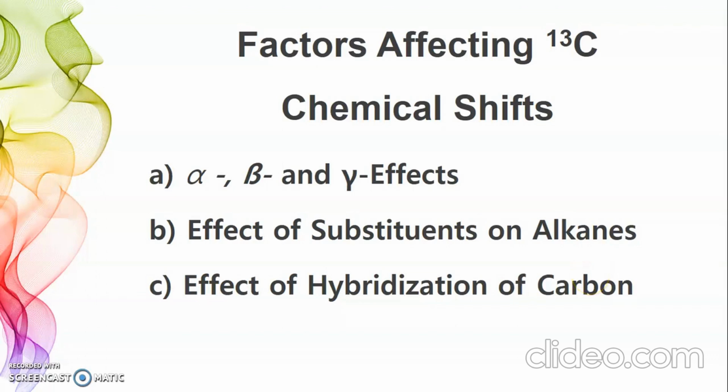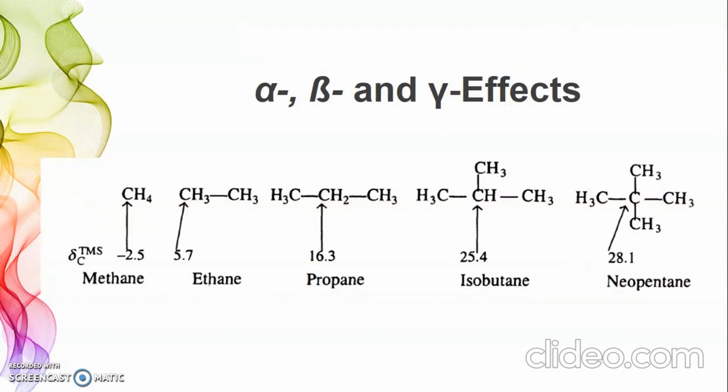Next we see the alpha, beta, gamma effect. There is an increase in chemical shift on going from primary to secondary, secondary to tertiary, and tertiary to quaternary carbon atoms, and the average increase for each hydrogen atom replaced is in the range of 7 to 10 delta.